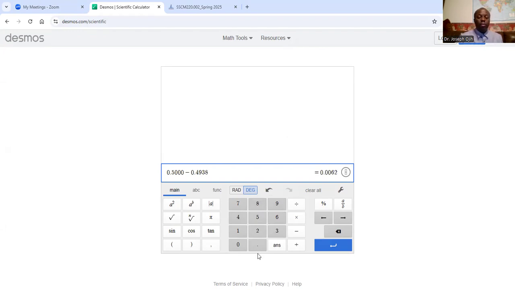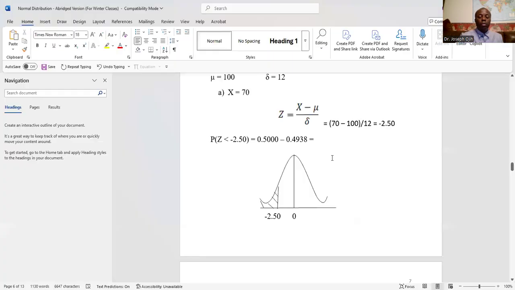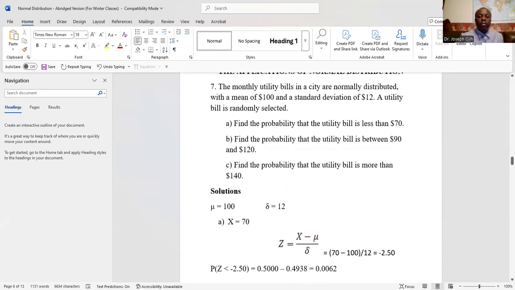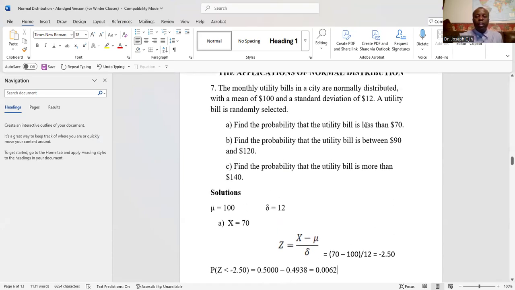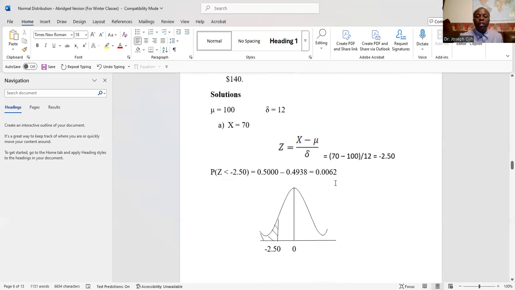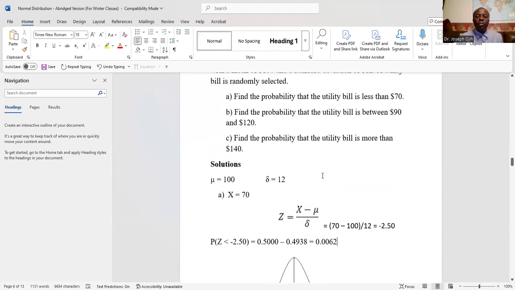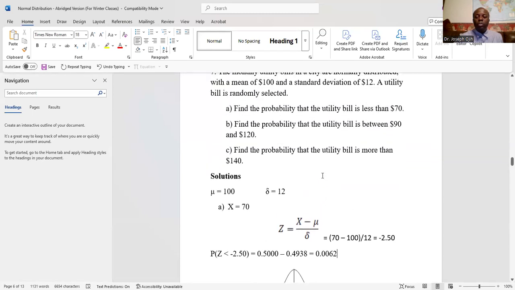So we put our answer here: 0.0062. So the probability that the utility bill is less than $70 is 0.0062, or just 0.62%.